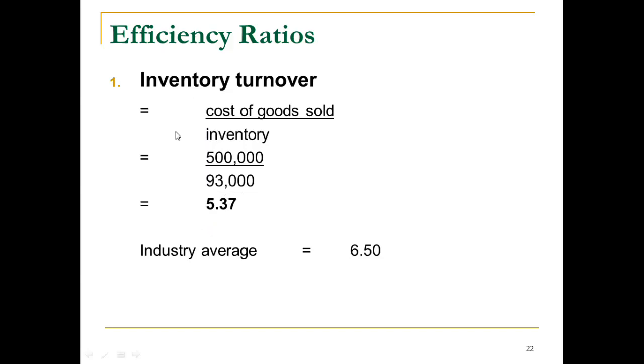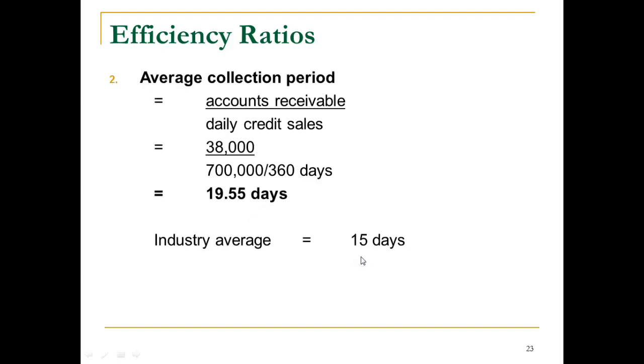So it depends on the industry itself, whether you are in an industry which has a higher inventory turnover or lower inventory turnover. But if you compare this, the company is actually having a lower turnover as compared to the industry average of 6.5.